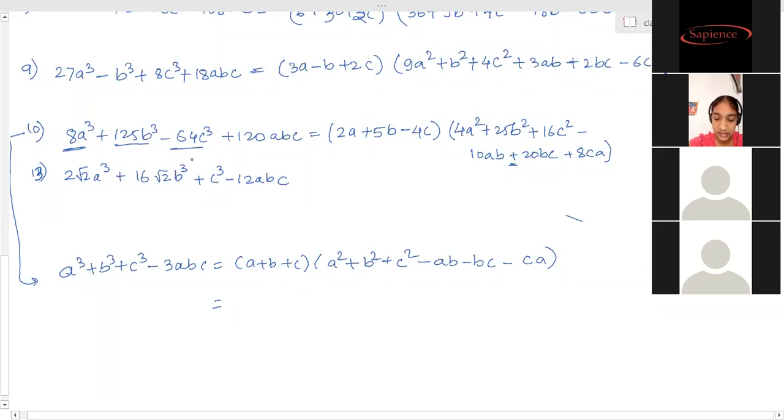Whose cube is 64c cube? Find out 8 into 8 into 8.